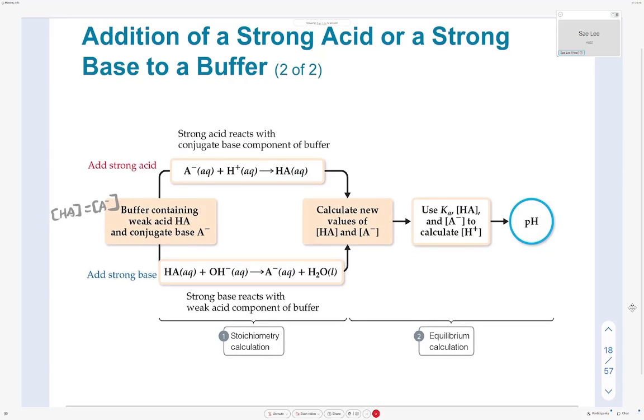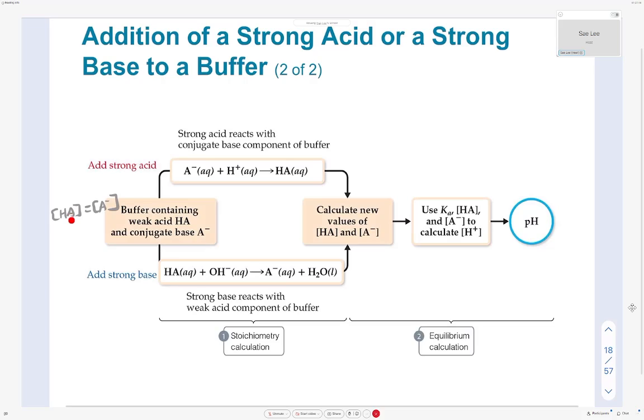Let's take a look at a situation where you're adding strong base. If you're adding strong base to a buffer solution, again, this newly added strong base is a stranger. Then the acid HA, the acidic component of the buffer, will fight against this stranger.